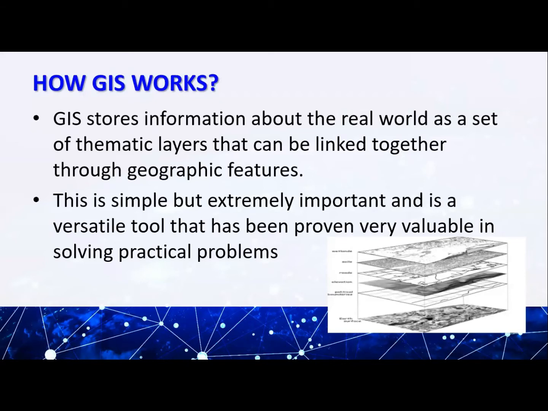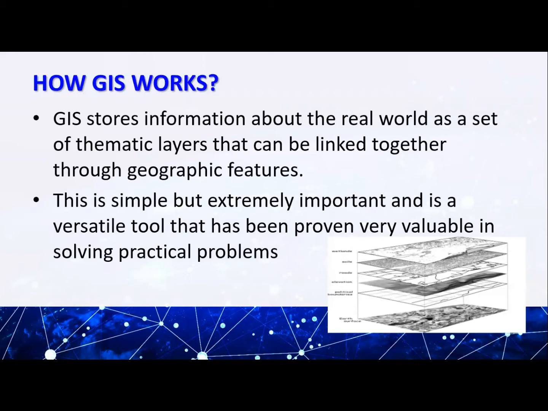GIS stores information about the real world as a set of layers. So for example, you need to have different data sets. We call them layers in the GIS language. I've given you a little picture down there showing a number of layers. For example, you have the satellite image itself. I'm sure you're familiar with the satellite image. You've seen one maybe on Google Earth.